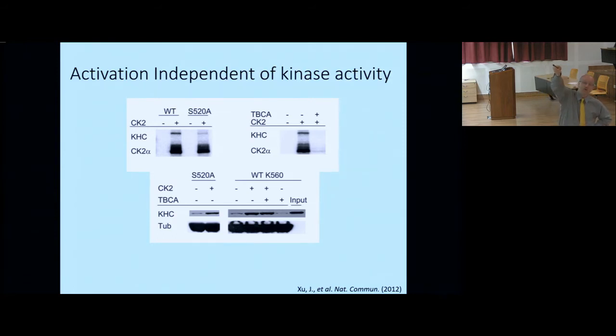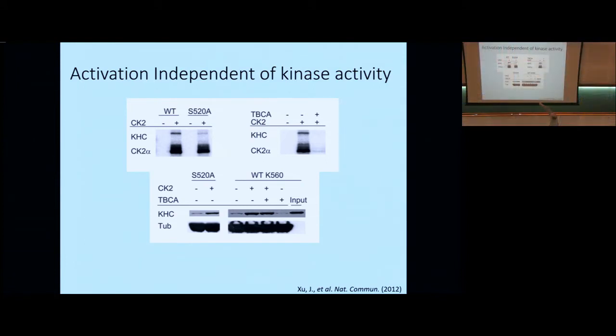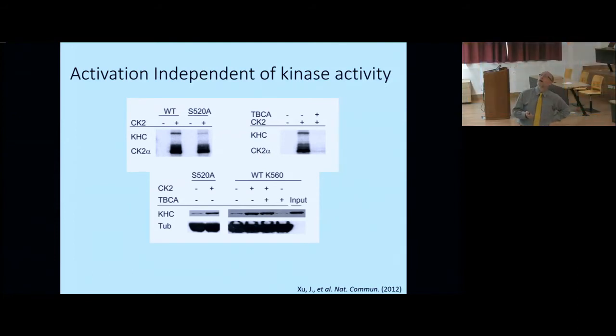So CK2 autophosphorylates, and you can see here that the kinesin is being phosphorylated, but in the 520A mutant, most of the phosphorylation is eliminated. Here is the pull down, the microtubule pelleting experiment, without CK2 and with CK2, and you can see that they reactivate. Okay, so kinase activity seems like it's a red herring.